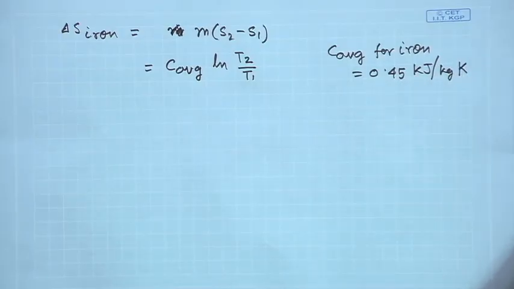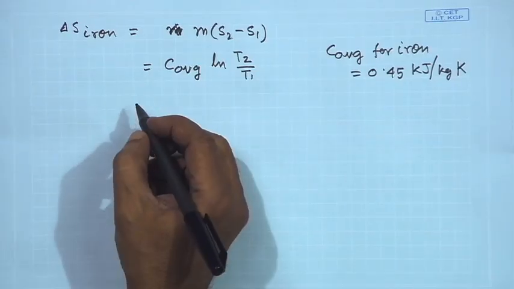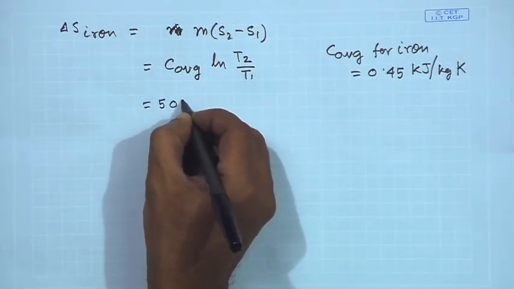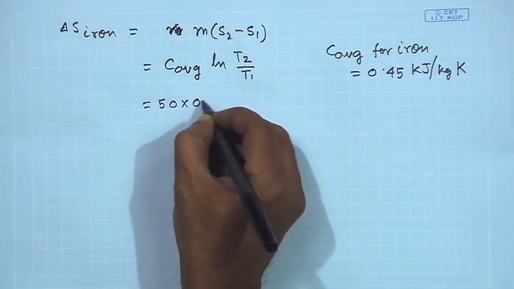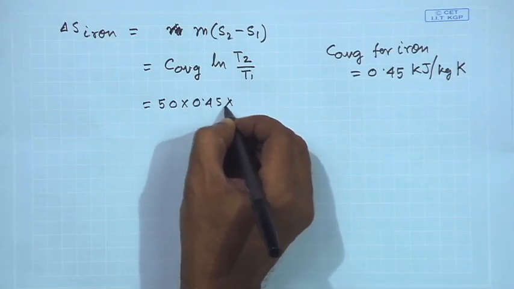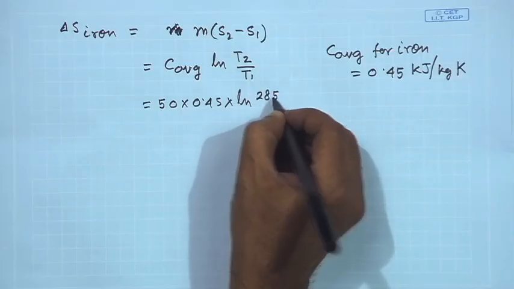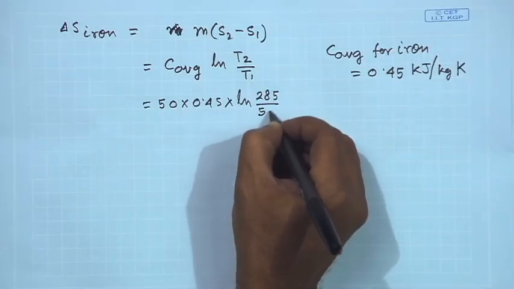So, from there what we get, this is 50 into 0.45 into ln of 285 by 500.